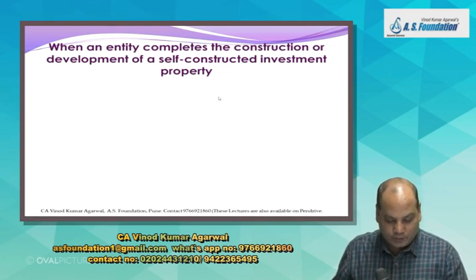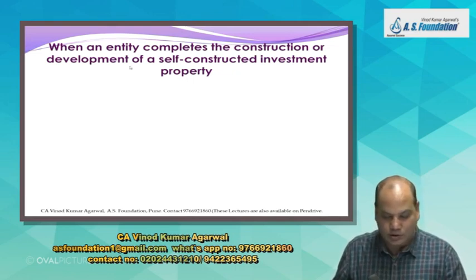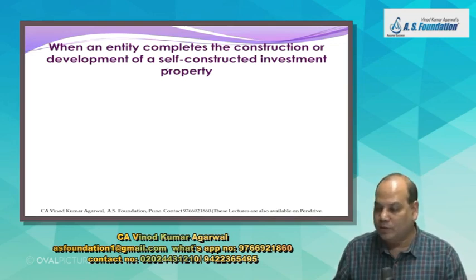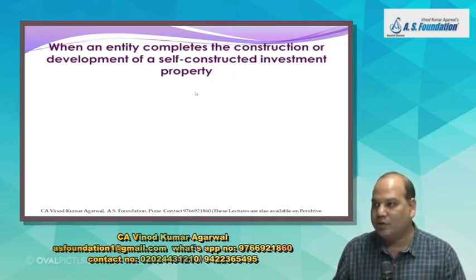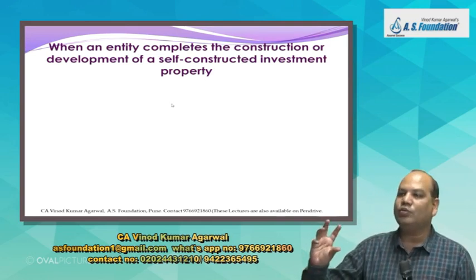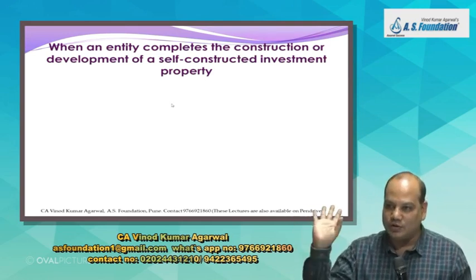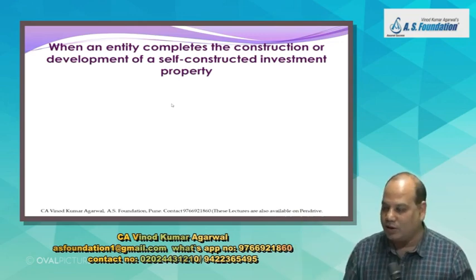Now one more paragraph before I take a summary of this long discussion. When an entity completes the construction or development of a self-constructed investment property, you are constructing a property, okay? So till you are constructing, it will be accounted like IAS 16. Add all the costs, keep adding.